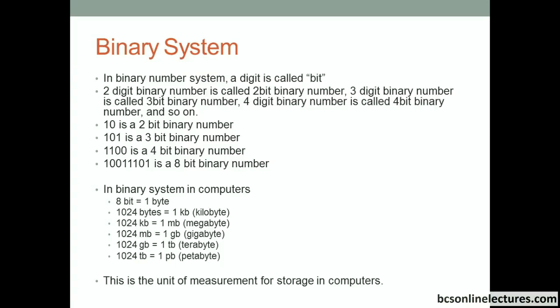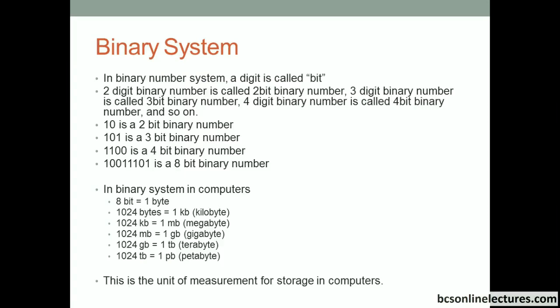In computers also, in the bits and bytes system, 8 bits is called 1 byte, right? 1024 bytes is called 1 kilobyte. And after 8 bits, the next step is that the multiplication is always in 1024 units, right?